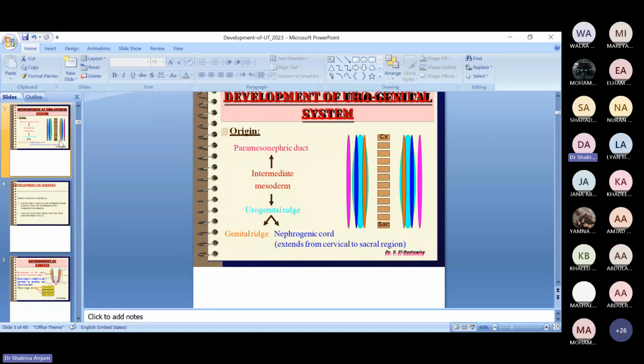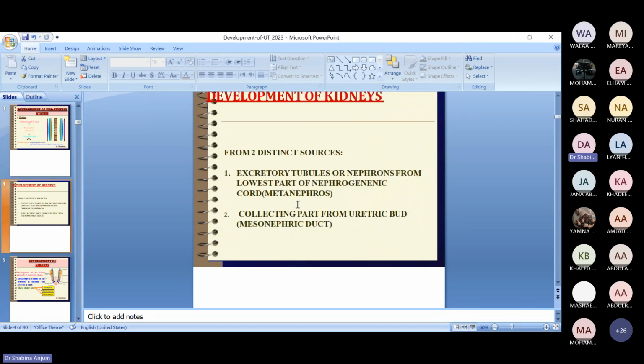Just try to memorize what the structures are here. What structures will be formed by this, you will see slowly. So now you know that excretory tubules and nephrons will develop from the metanephros and the collecting part will develop from the ureteric bud or mesonephric duct.